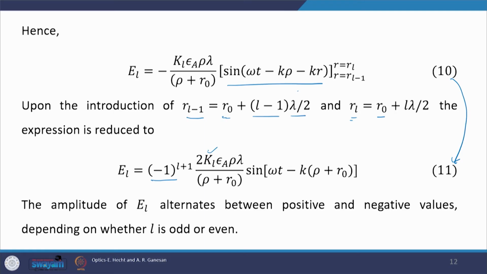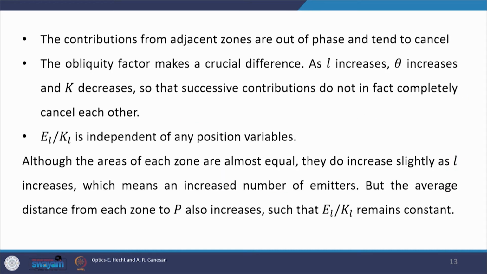The rest of the terms are shown here. K L is the obliquity factor for Lth zone, epsilon A is the source strength per unit area, rho is the radius of the spherical wave front, lambda is the wavelength, all the things we have already defined here. Now, there are a few points which we can draw from this expression.